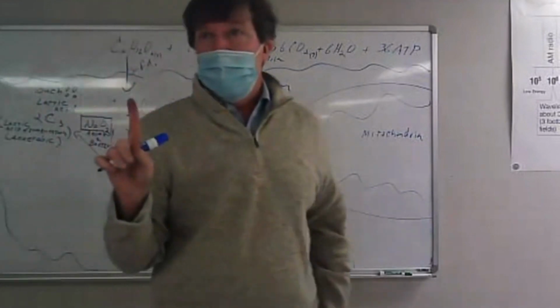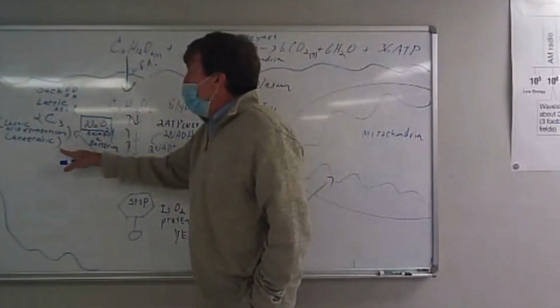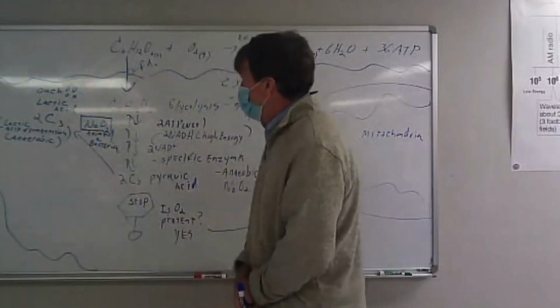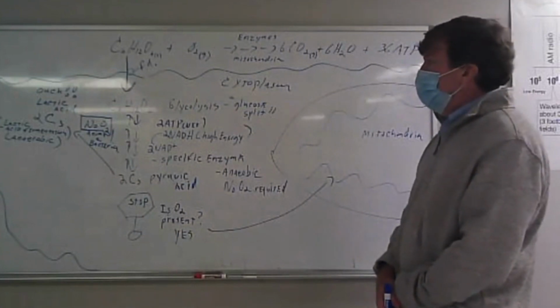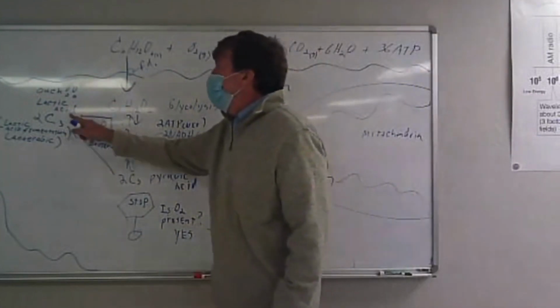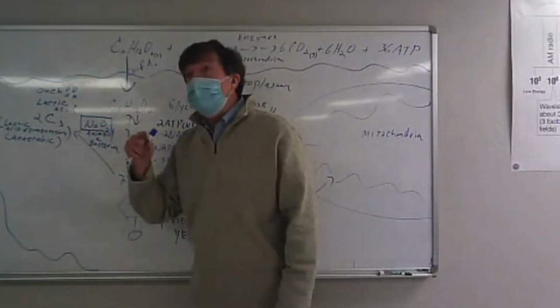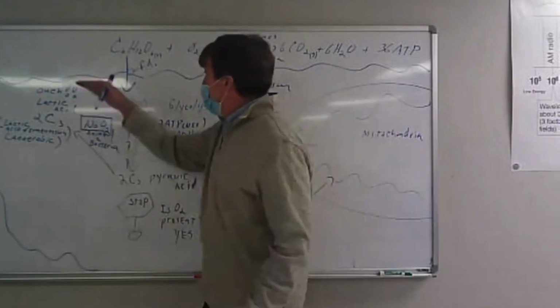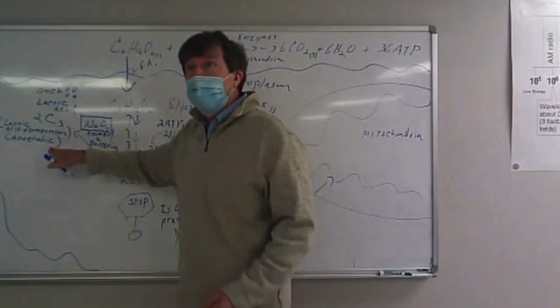So when fermentation happens, it's under a situation where there's no oxygen gas available. So whether it's making your muscles sore in a strenuous workout, or causing cavities in your teeth, or milk to sour, it's this anaerobic fermentation process.